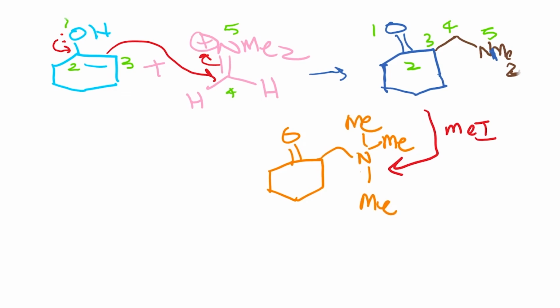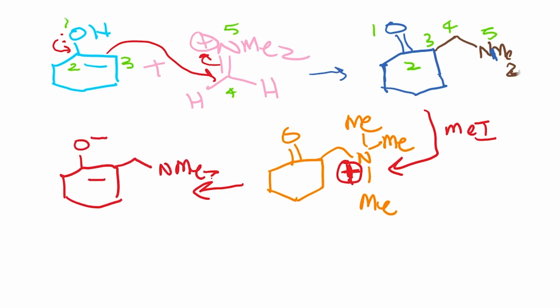So you get this quaternary ammonium salt, and what we can expect is this quaternary ammonium salt is actually quite a good leaving group, and so since you have added a small amount of base, you may consider the formation of the enolate and NMe3 plus, and this enolate can now rearrange and kick out trimethylamine and give you the final product, which would be C double bond O.